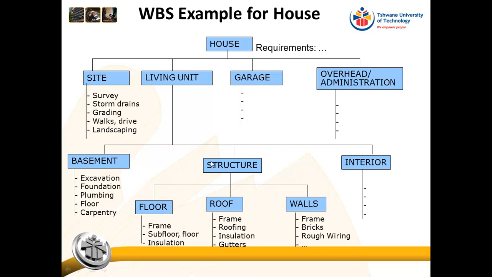And then the structure, you would have a floor and you would have a roof and you would have walls. And then obviously once you've built the structure, you have the interior. And this would be where you put in the light fittings and the plumbing and all of that type of stuff. So here you can see this work breakdown structure is broken down according to the parts of the house.